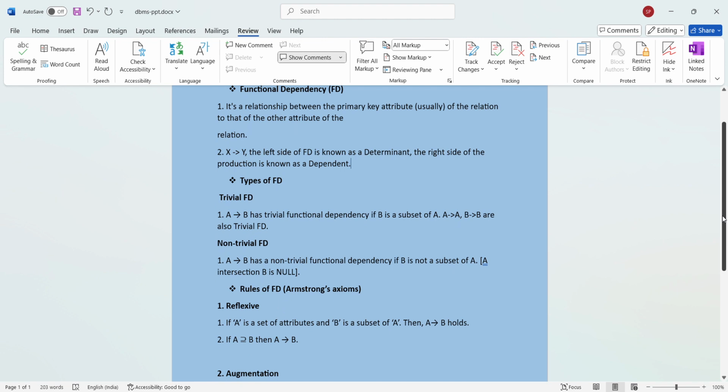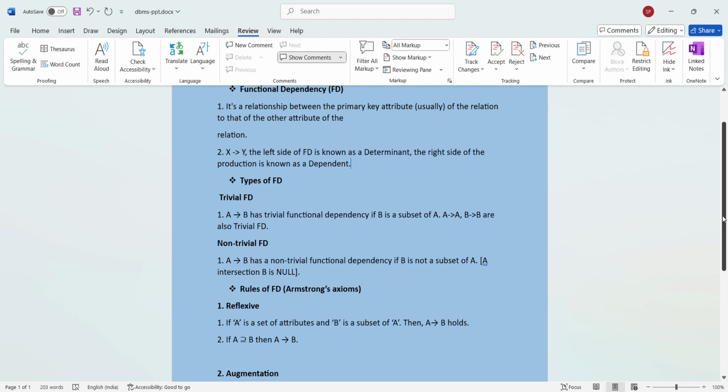We have an employee table which has fields like employee ID, employee name, and employee address. Let's say we define A as employee ID and employee name, and B as employee ID. That means employee ID and employee name can determine employee ID. So here B is a subset of A. That is trivial functional dependency.